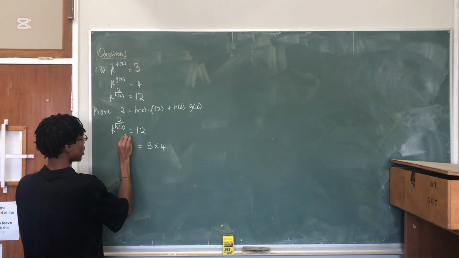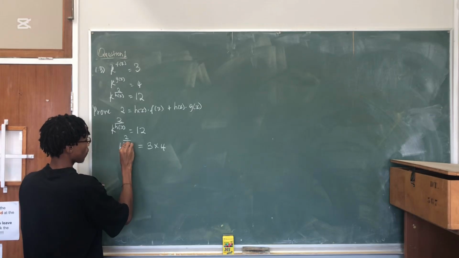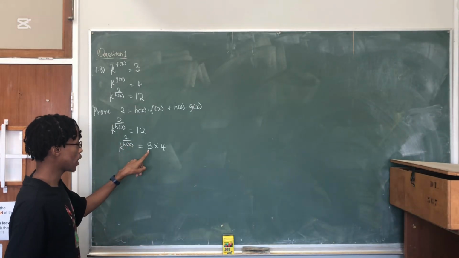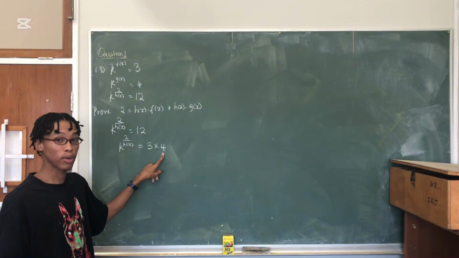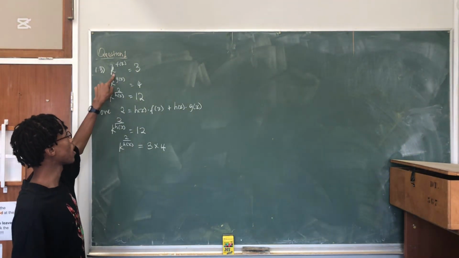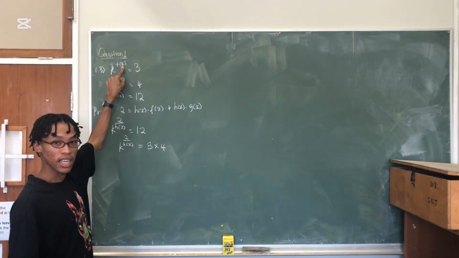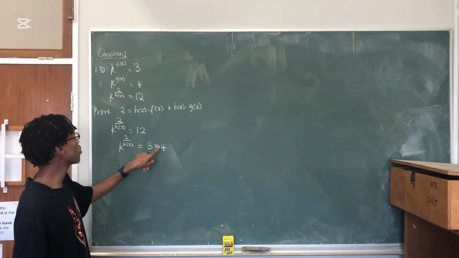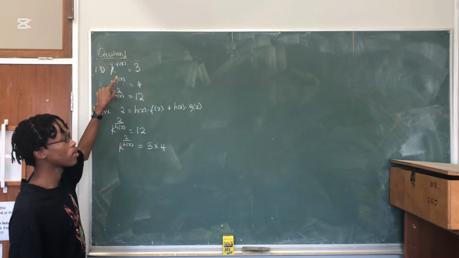So k to the power 2 over h of x is equal to the product of 3 and 4. But we do know from our given equation that 3 is equal to k to the exponent f of x, and 4 is equal to k to the power g of x.